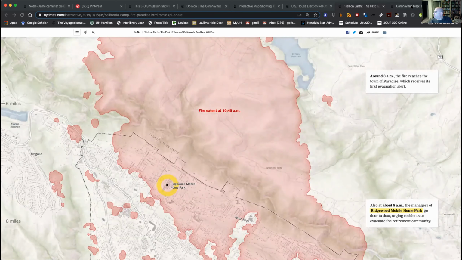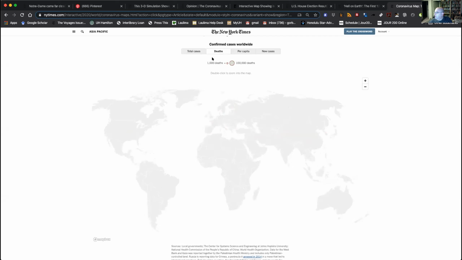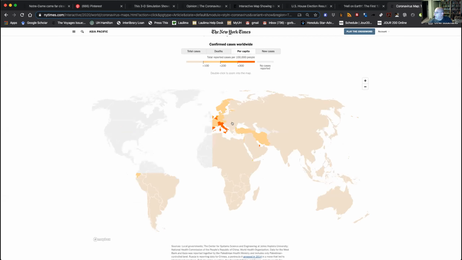Or this map, which is interactive and allows you to look at the spread of the coronavirus through the world. We can do per capita.